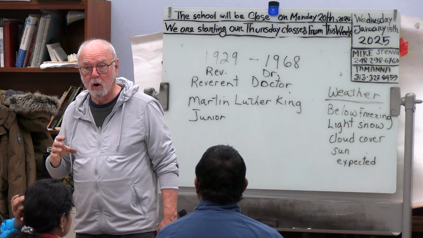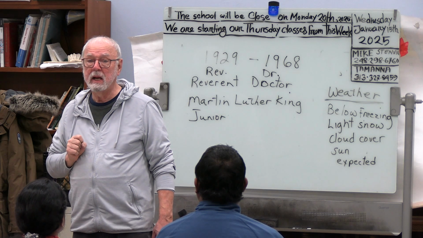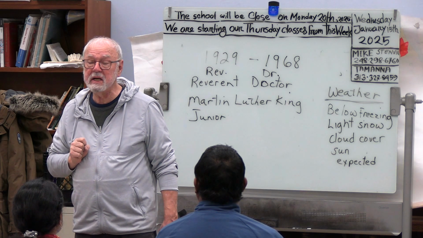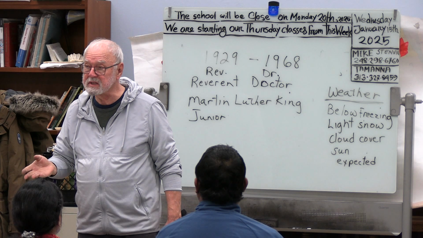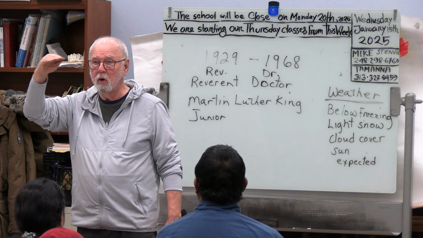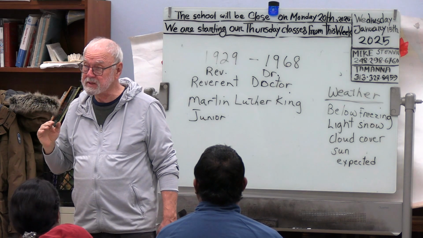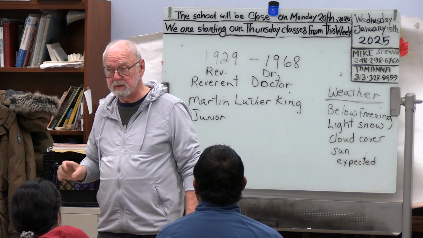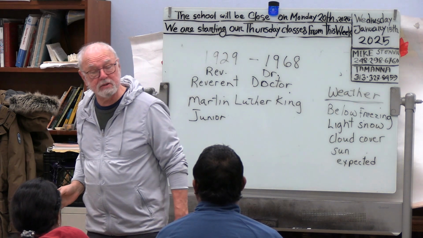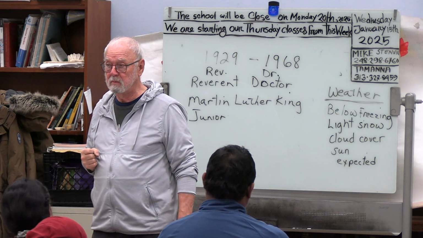There was a war in the United States in 1860, and at the time there was a civil war, the north of the U.S. and the south. And the South said, we don't want to be part of the United States. We want to be ourselves. And we want to have slavery.